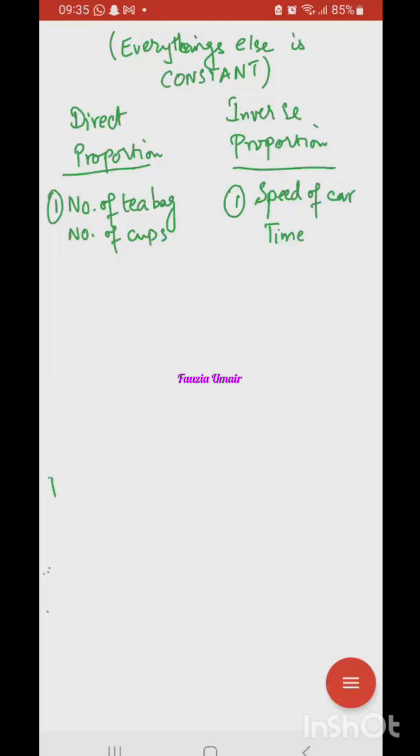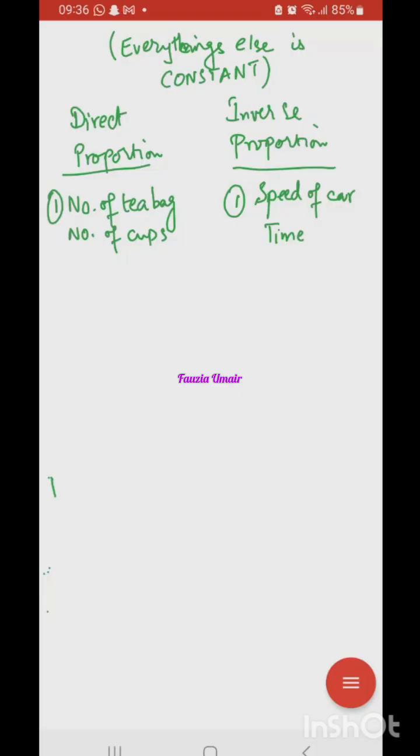If the speed of the car is less, it will take more time to reach the destination. So speed and time are inverse proportion. If speed is more, less time will be taken to cover the distance. If speed is less, more time will be taken to cover that distance. Now in this question, as I told you earlier, what are the constants?